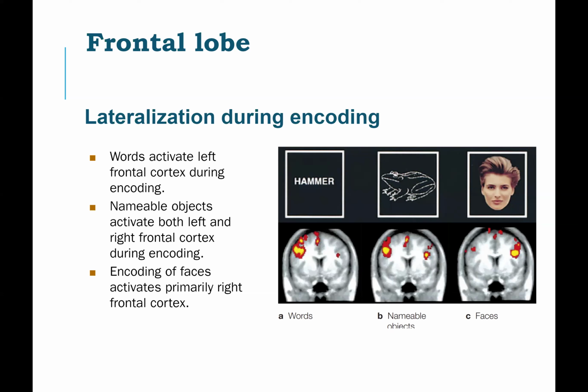For example, people have found that words activate left frontal cortex during encoding. So when people are studying words in order to remember them, you see a lot more activation in the left frontal area. Nameable objects activate both left and right frontal cortex. For example, when you're looking at this frog, it's a nameable object, and you see a certain pattern of activation. Faces activate primarily right frontal cortex.